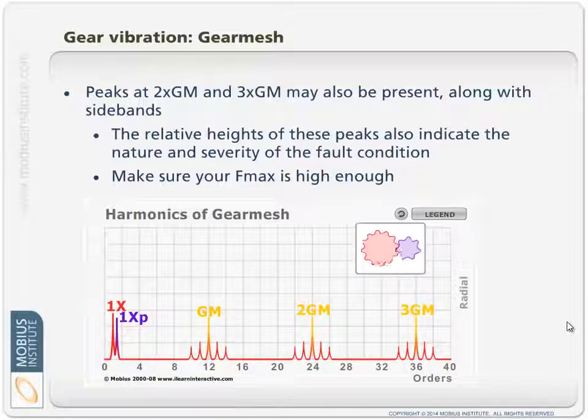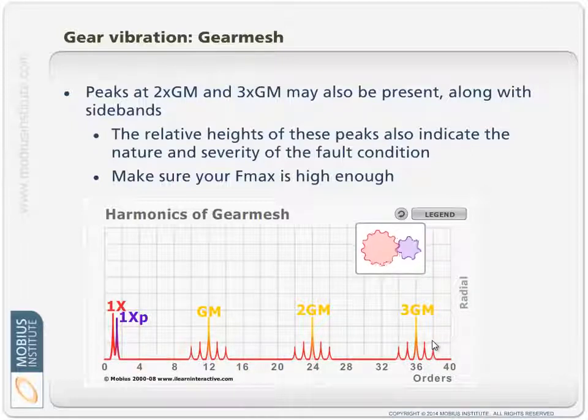I would always recommend that you also look at the time waveform. I'll talk a little bit more about that in a moment, but at the very least your Fmax, the maximum frequency displayed, which I have shown here as orders, multiples of the running speed, whether you list it in hertz or CPM or in orders, must span at least 3 times the gear mesh frequency, and you need it to be a bit higher so that there's room for these sidebands and so on.